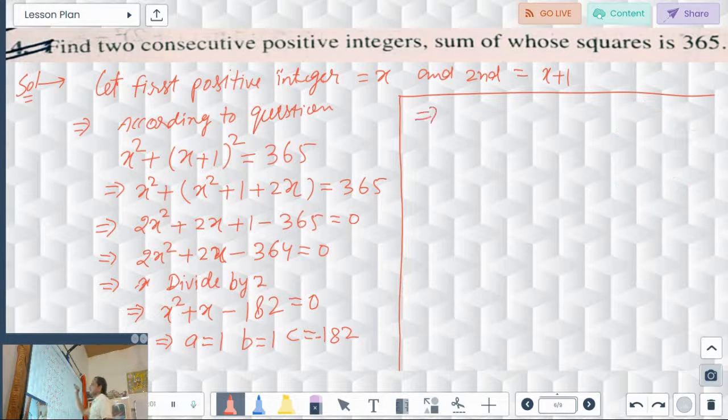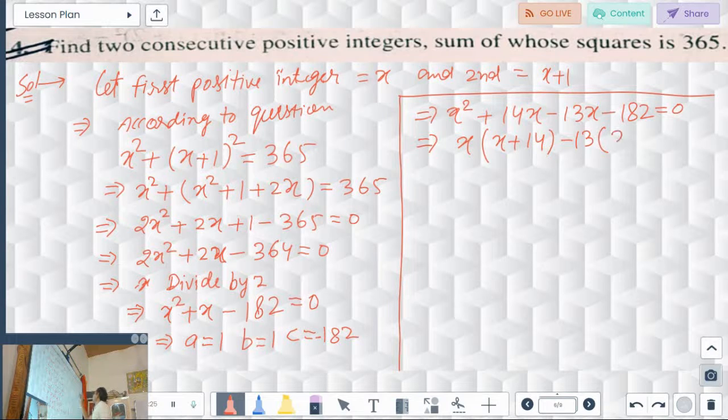We can write this equation: x square plus 14x minus 13x minus 182 equal to 0. Now x common: x into (x plus 14), minus 13 into (x plus 14) equal to 0.